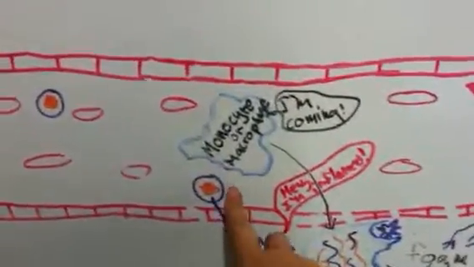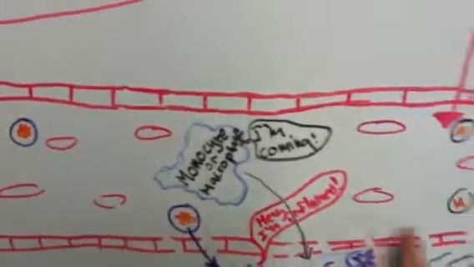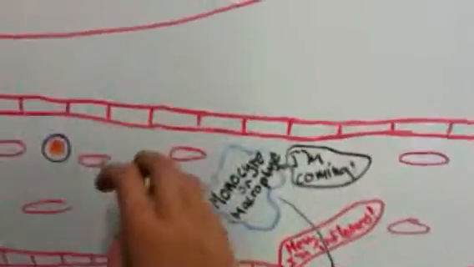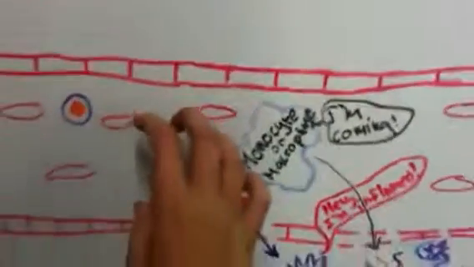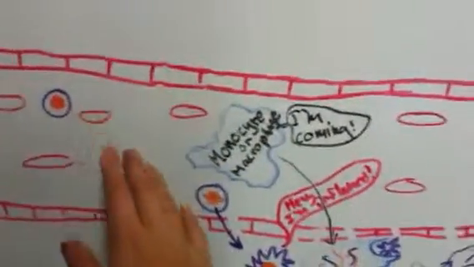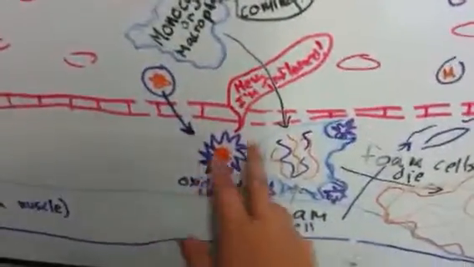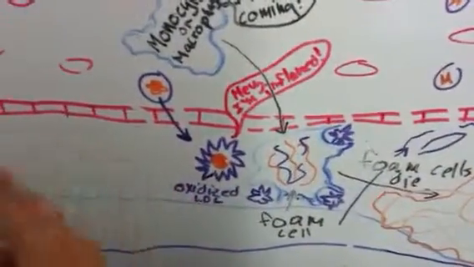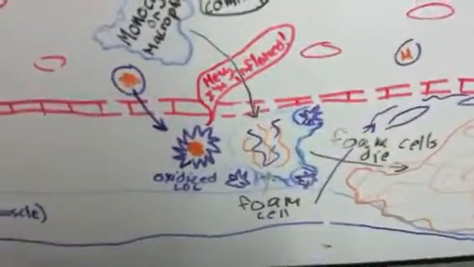And when you have a damaged endothelium and high blood amounts of LDL, then it's very likely that this LDL is going to kind of slip into your intima here. And then once it's in this intima, it's going to become oxidized by free radicals that are in the intima.